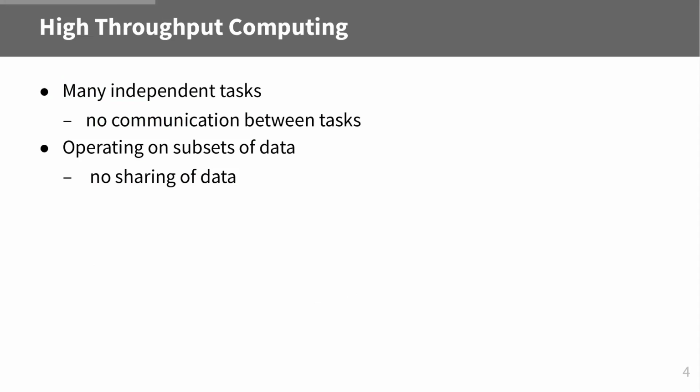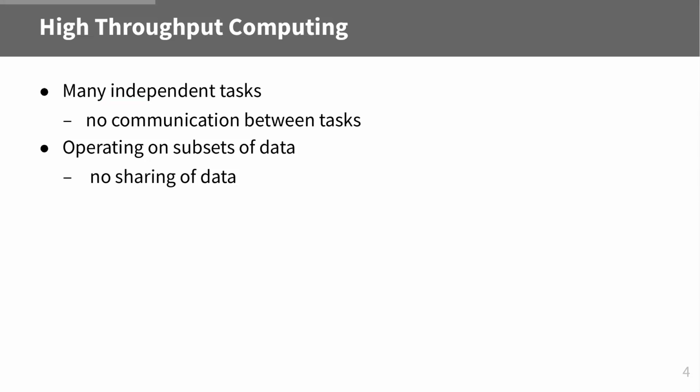Now, an important subset of high performance computing is high throughput computing. And that's characterized by many independent tasks where there's no communication between the tasks. And you can probably see where we're going here: if you have a lot of independent tasks, then you already have a lot of capability for doing parallel computation.